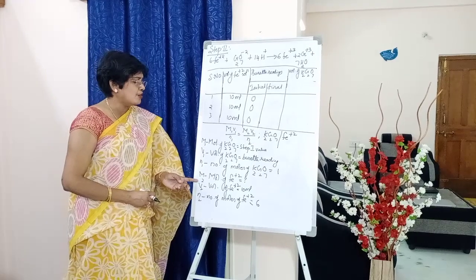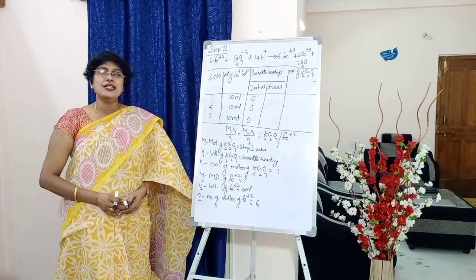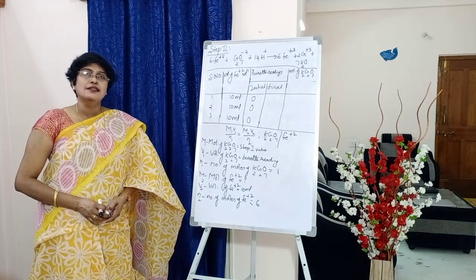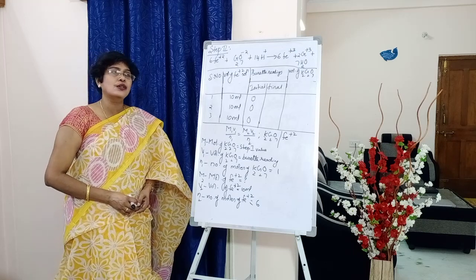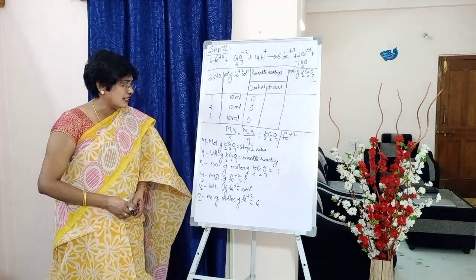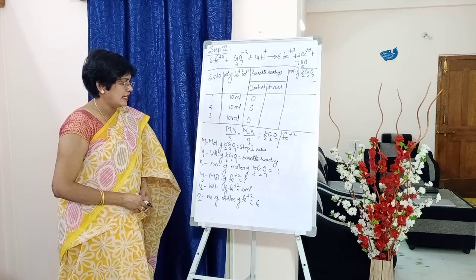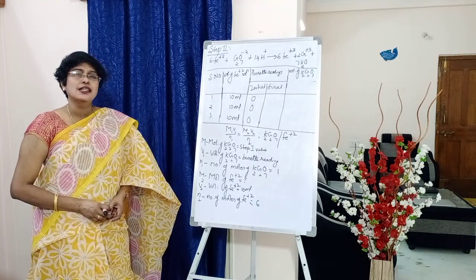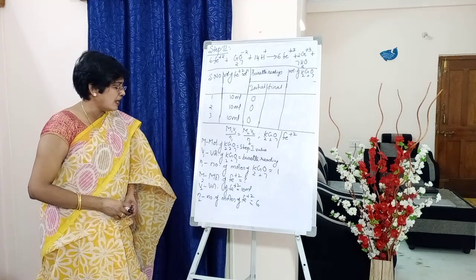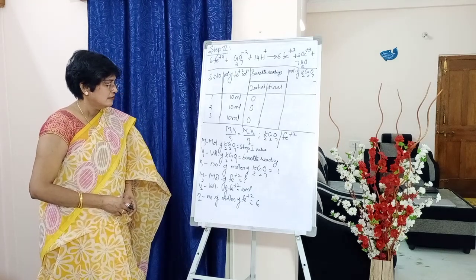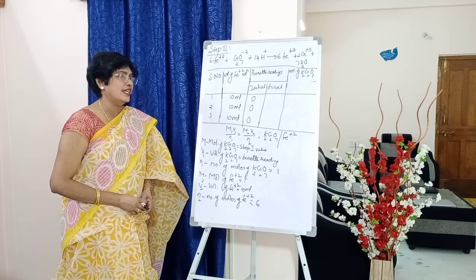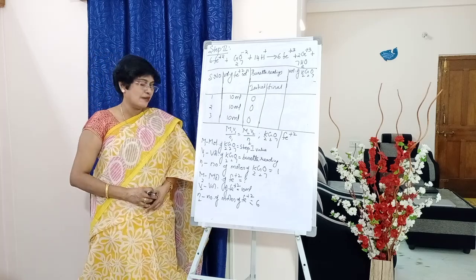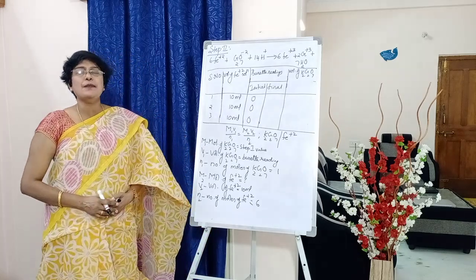Next M2, molarity of Fe+2 ions, which is to be determined, so it is equal to question mark. Next, V2, volume of Fe+2 ion solution. It is equal to 10 ml. So next is N2, number of moles of Fe+2.